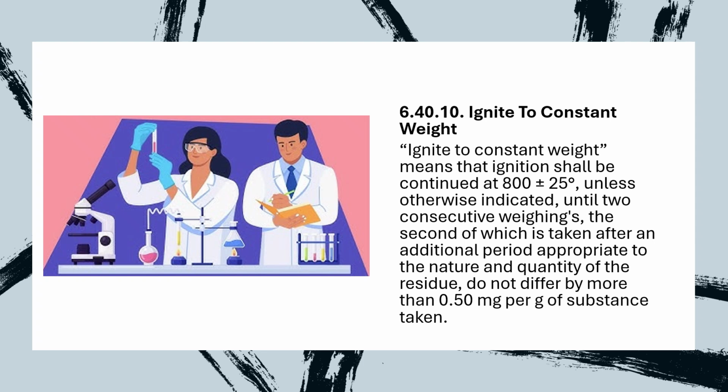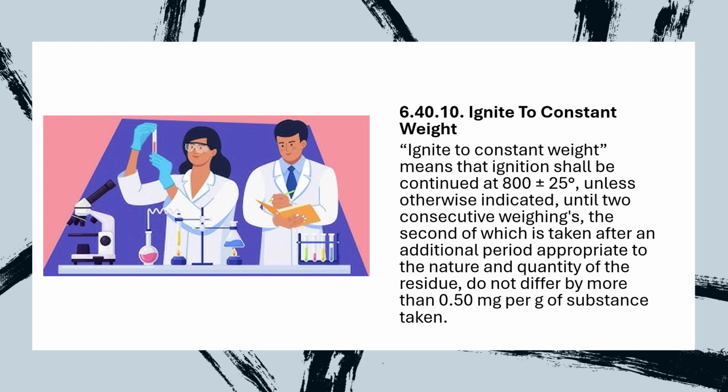So for example, if you are performing a test for a raw material and you are going to perform this ignition test, that is called loss on ignition. You have to take 1 gram of sample and ignite it at 800 degrees Celsius, and after cooling in the desiccator you take the weight W1, and then again ignite that sample at 800 degrees.